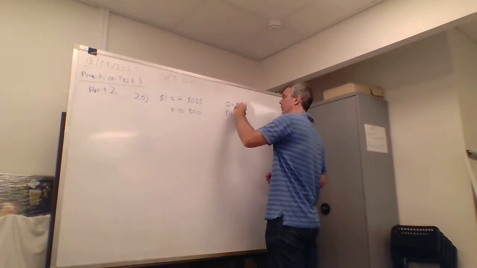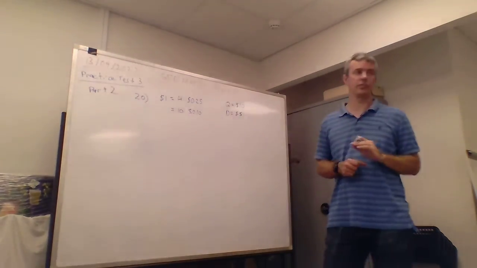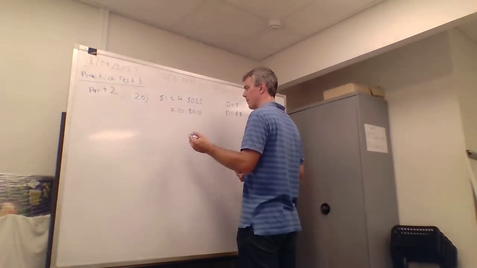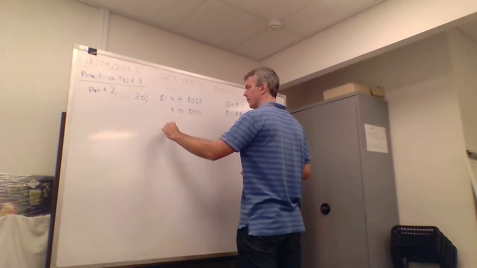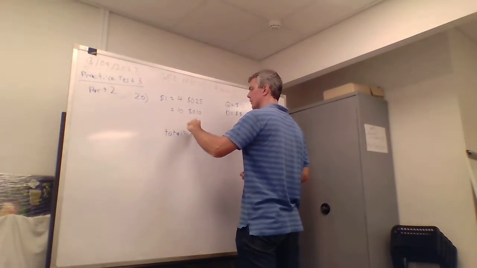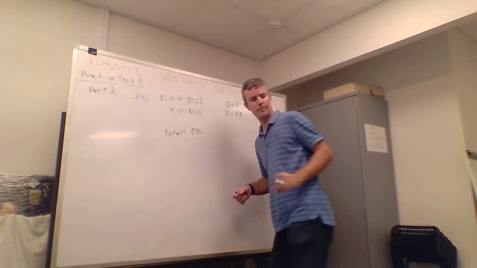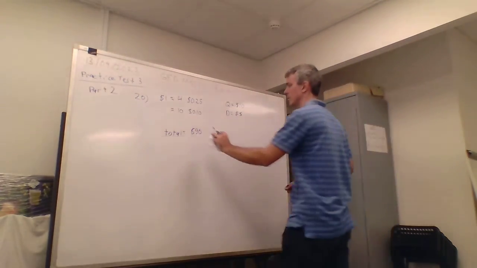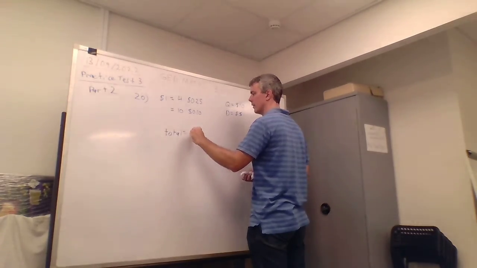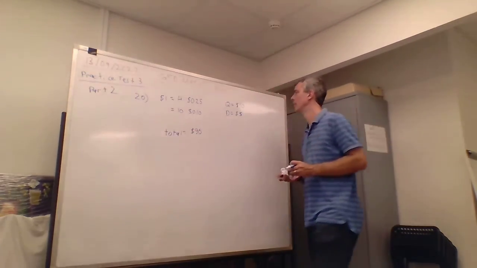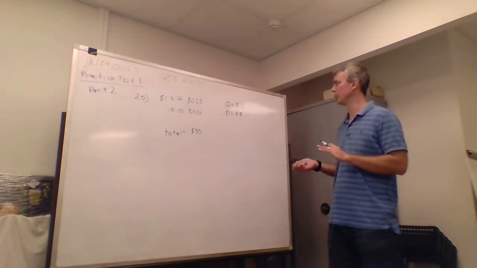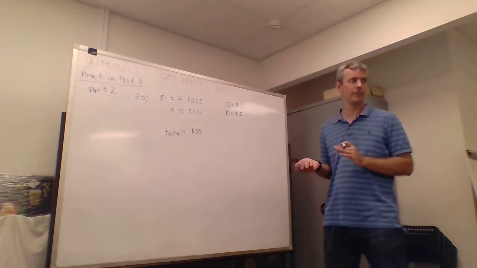And now he has exchanged $90, so the total equals $90. And we don't know how many Q and how many D we have, right?